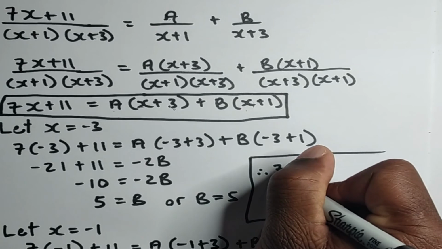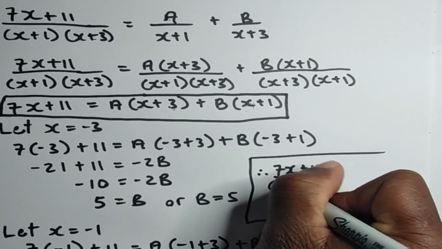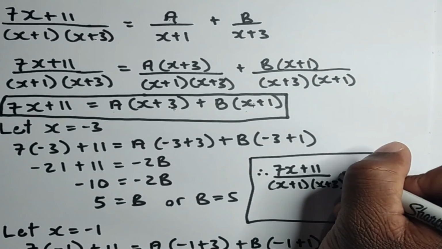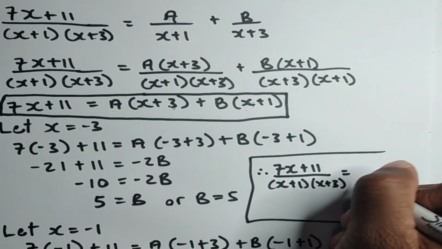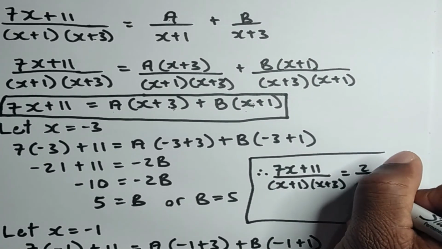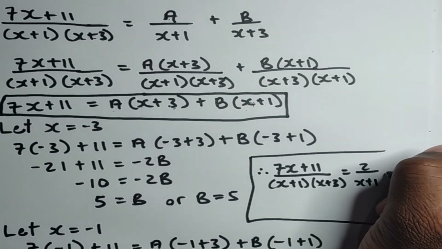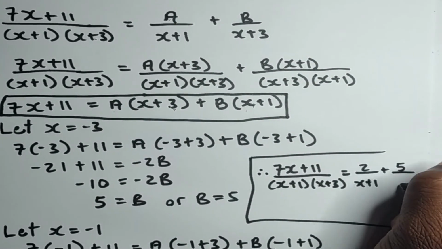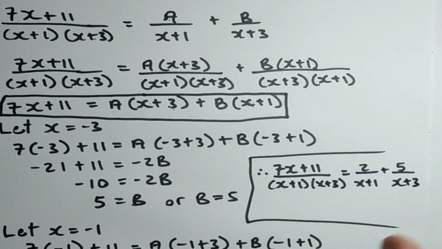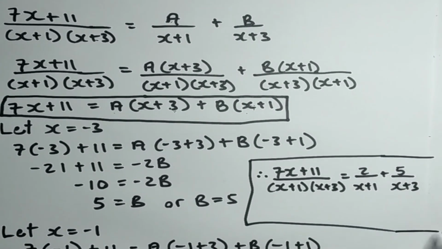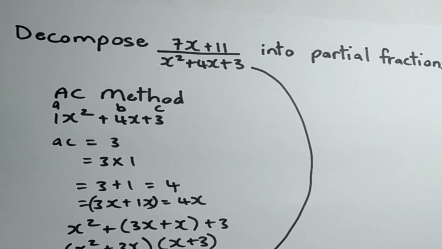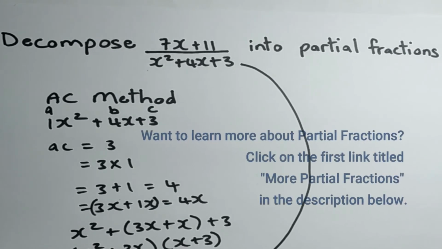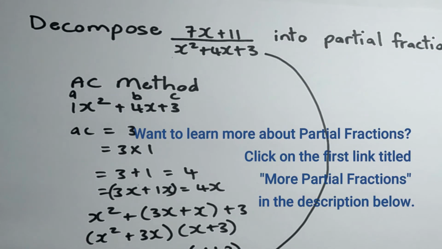So we have 7x plus 11 over x plus 1, x plus 3 equal to our a value, which is 2 over x plus 1, plus our b value, which is 5 over x plus 3. And that's how we go about decomposing 7x plus 11 over x squared plus 4x plus 3 into partial fractions.